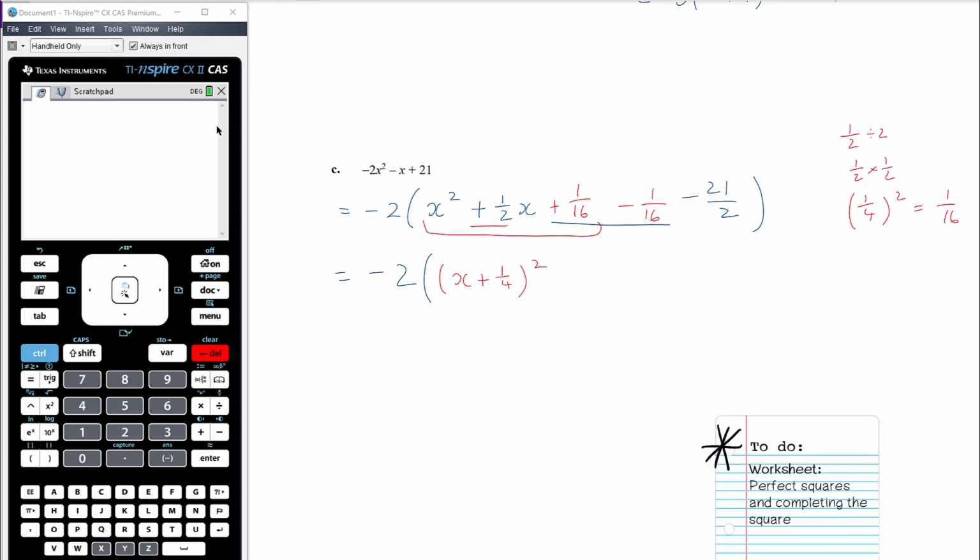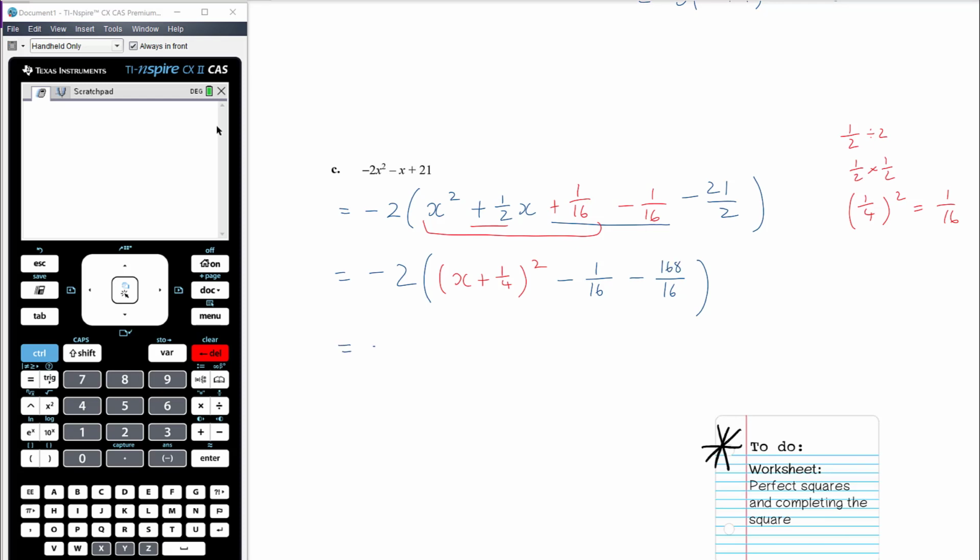And then outside of the bracket, we've got 2 fractions there, negative 1 on 16 minus 21 on 2. You can take a moment for common denominator if you need to. Negative 1 on 16 minus, we're going to need to times top and bottom by 8 here to get a denominator of 16. So 8 20s are 160, 8 1s are 8, so 168.